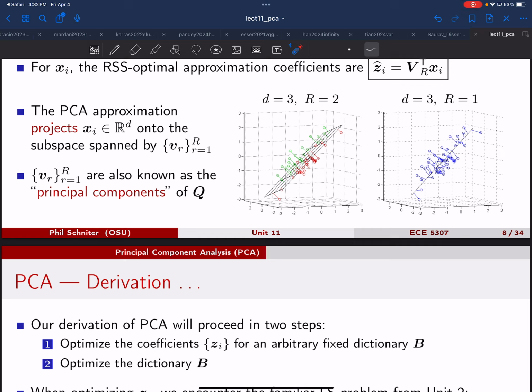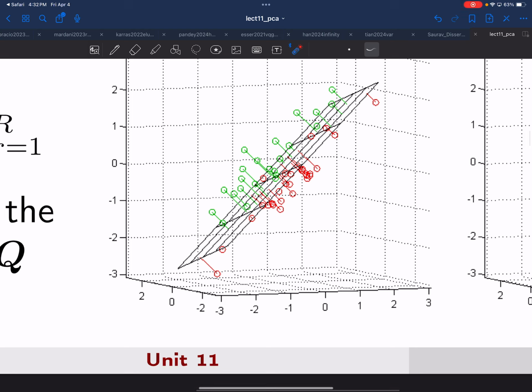Is B a set of vectors that span the space pointing in the direction of the approximation? Yes, exactly. The columns of B tell you exactly the vectors that span this subspace. Are they supposed to be unit vectors?